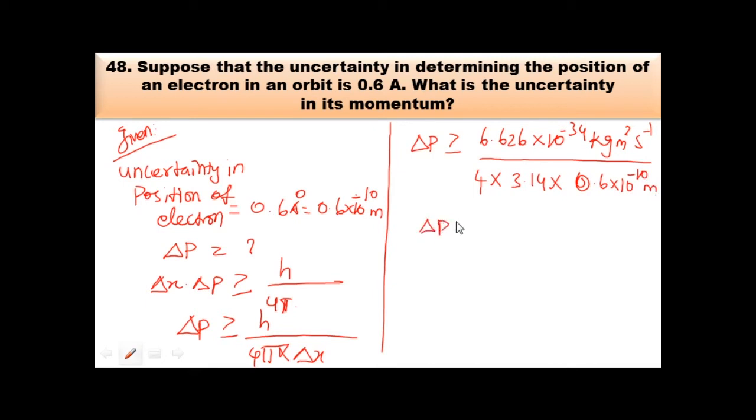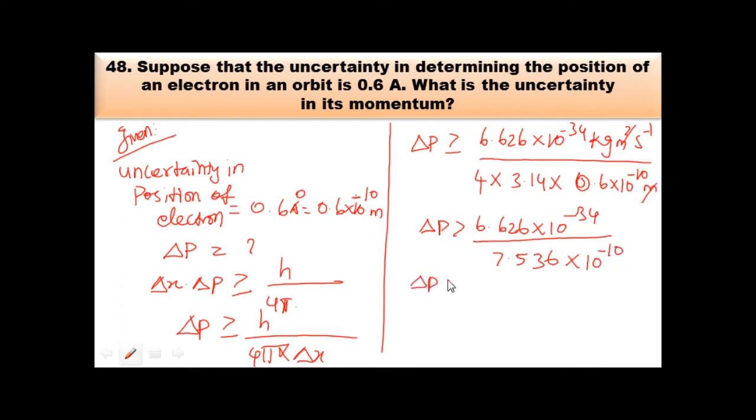So the delta P: the meter and meter squared partly cancel. 6.626 multiplied with 10 power minus 34, divided by 7.536 multiplied with 10 power minus 10.